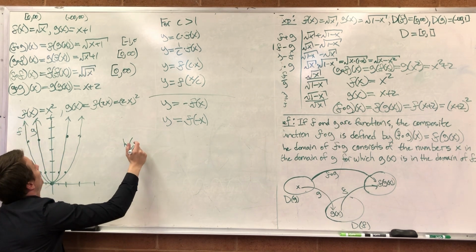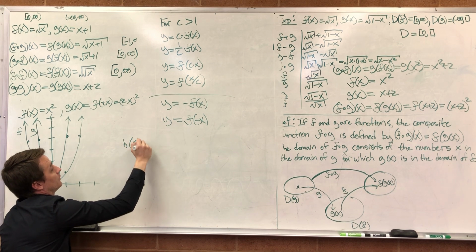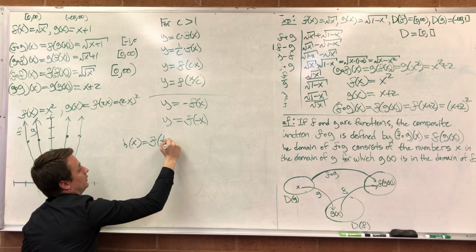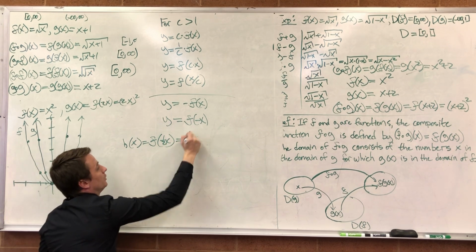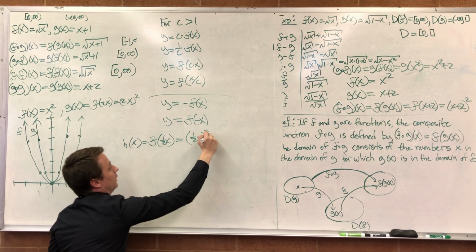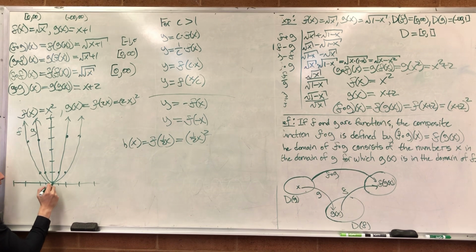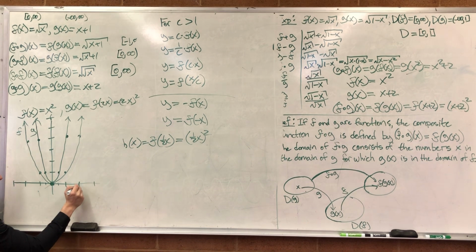Let's really quick make one more function. We'll call it h. We'll say h of x is equal to f of 1/2 x, just to see it the other way, which is equal to (1/2 x) squared. Okay, so now we're going to plot h. Understand what we're doing? Yep. Okay, when I plug in 0, what do I get? 0. When I plug in 2, what do I get? 1.